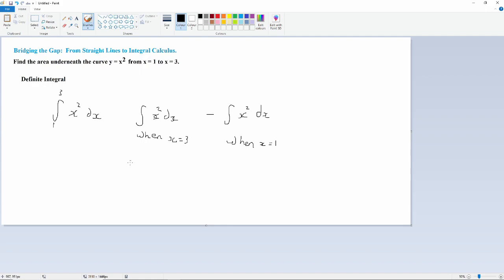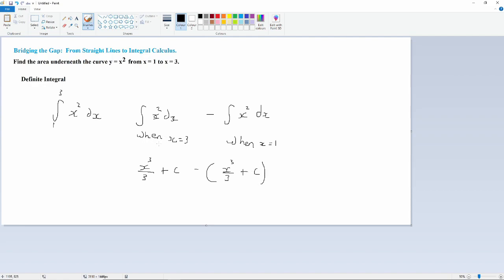Okay, so let's go ahead and do that. So the integral of x squared with respect to x is going to be x cubed over 3 plus the constant, minus all of x cubed over 3 plus a constant.